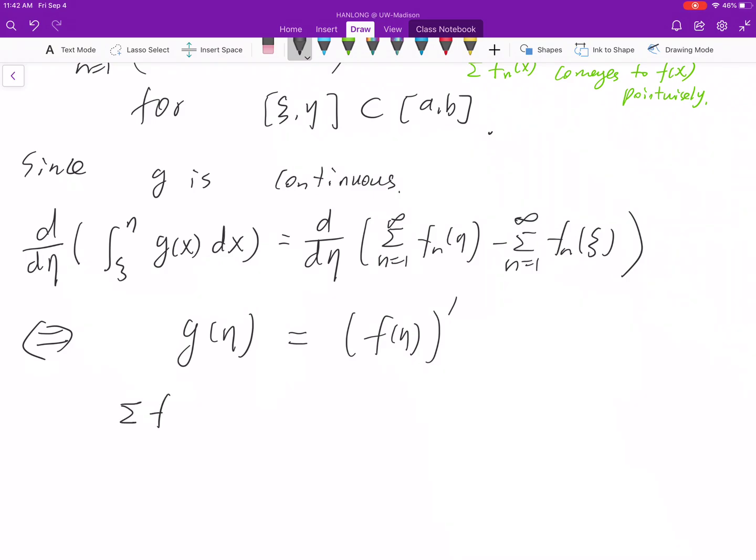So f_n prime of x equals the summation of f_n prime. So that's statement 3.